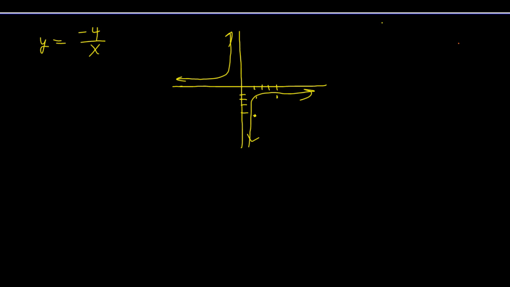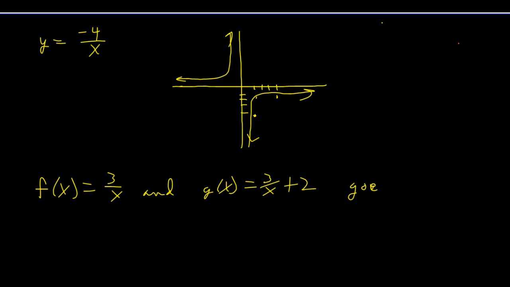Another thing you should know is that the reciprocal functions undergo the same transformations as other functions we've looked at. So if I take the function f of x equals 3 over x and transform it into g of x, which is 3 over x plus 2, what happens to our graph? Well, we know that adding 2 out here simply moves it up 2 spaces.